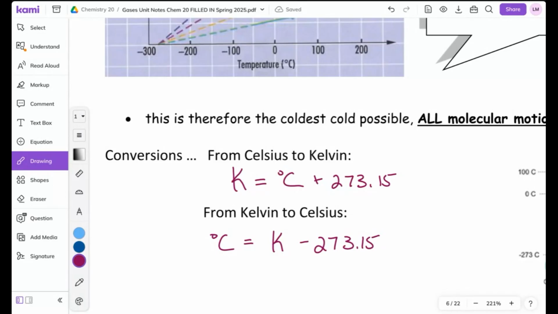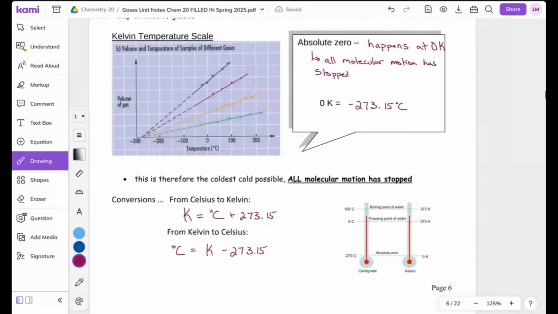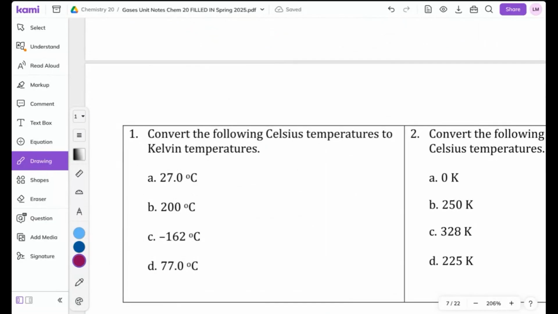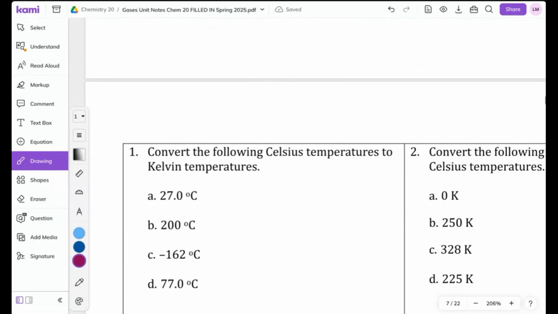And you also need to know how to go from Kelvin to degrees Celsius, because sometimes after you do a calculation, the question will specify that you want your temperature specifically in degrees Celsius, and that's when you'd have to convert from Kelvin to degrees Celsius. Okay, so let's do some sample calculations here.